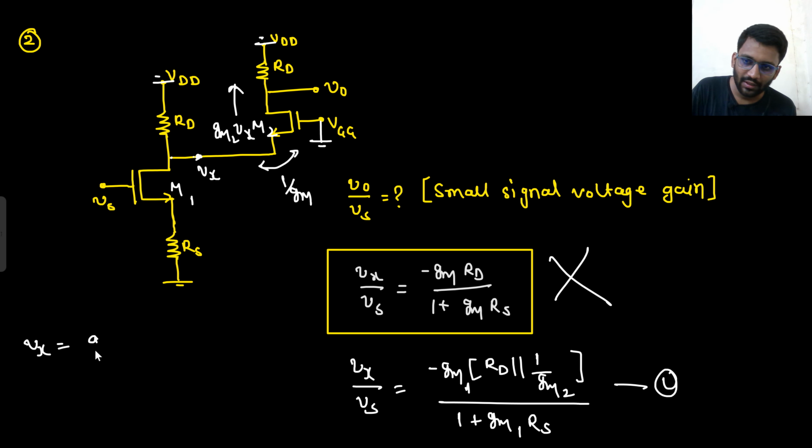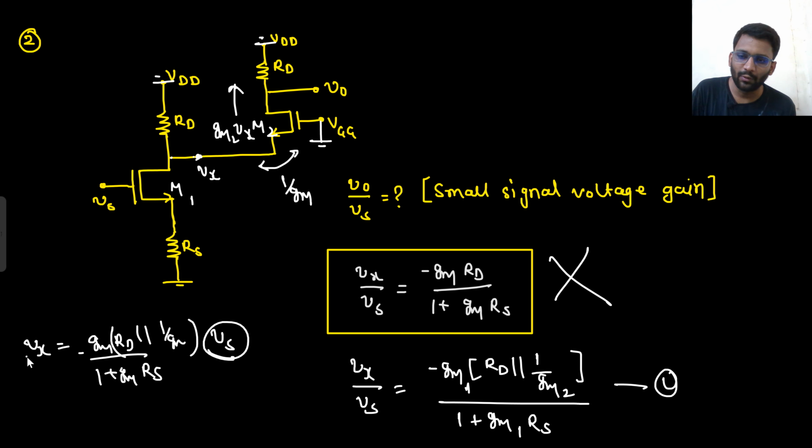So Vx would be minus Gm1 RD parallel 1 by Gm2 upon 1 plus Gm1 RS into Vs. Now I will replace my Vx.